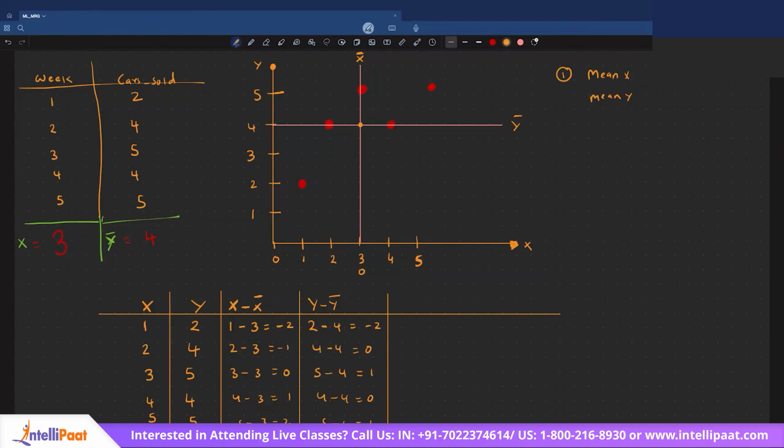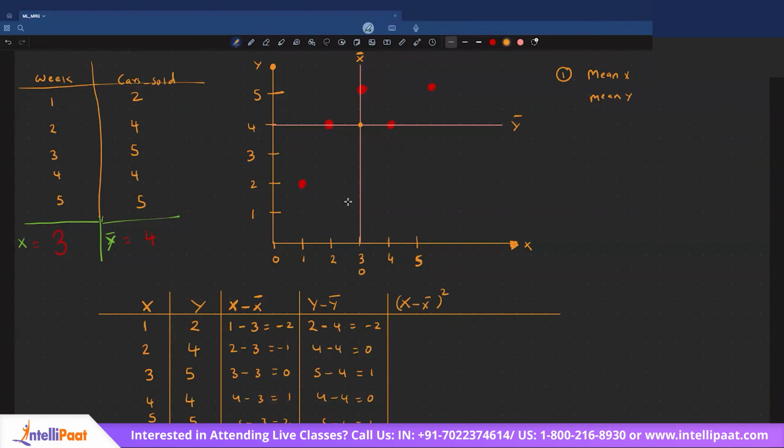Are we clear until here? Okay, good. The next thing that we do is x minus x bar, the whole square. Do you know why you should take the whole square?